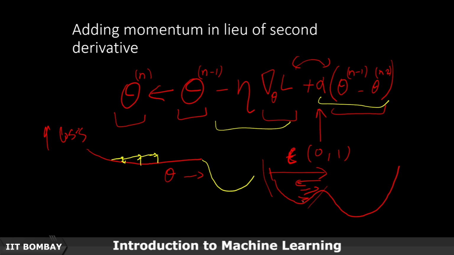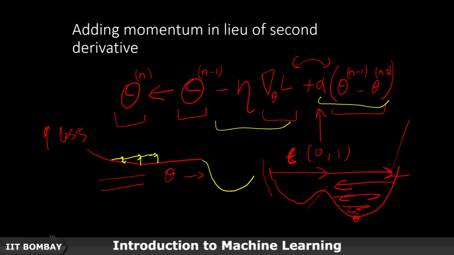Or let's say if it is like here, it will have a braking effect and it will try to settle down in this trough as opposed to shooting out of the trough. So momentum can have either a braking effect when you are bouncing around a loss trough, or a speed up effect when you are in long furrows of the loss trough. So that's how we can speed up the convergence of the neural network.